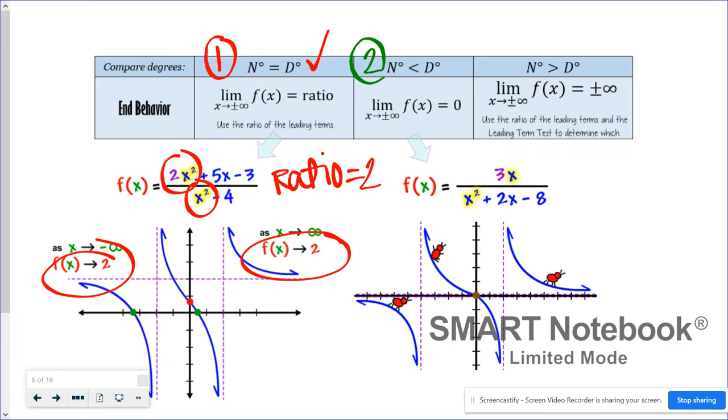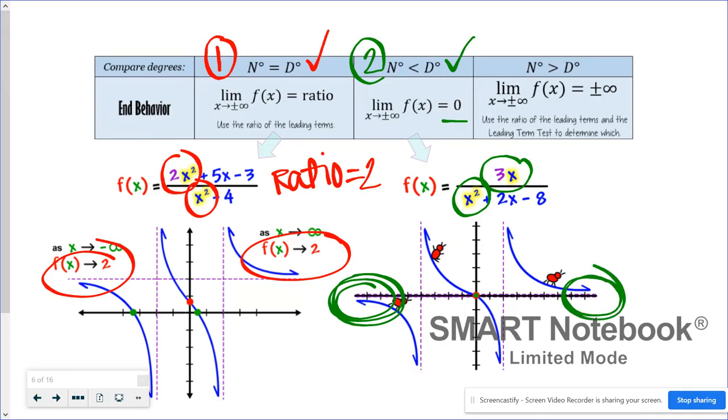So if this is the scenario, the limit or the end behavior is going to be 0 no matter what. So here on top, we have 3x. On the bottom, we have x squared. So the numerator is less than the denominator degree-wise. And check out this graph. Notice it's going to 0, closer and closer to 0 on the left, and closer to 0 on the right.